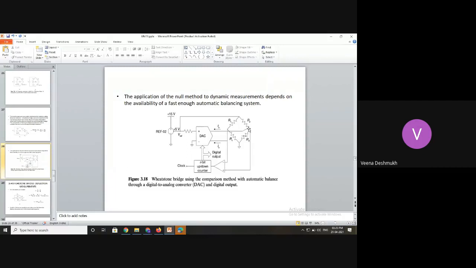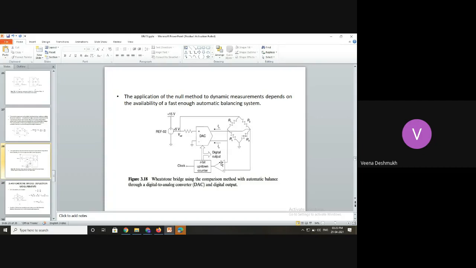Now, instead of using the null deflection method, the output across this, wherever you were connecting the galvanometer or the current meter, those 2 points are connected to the differential amplifier of the op-amp.